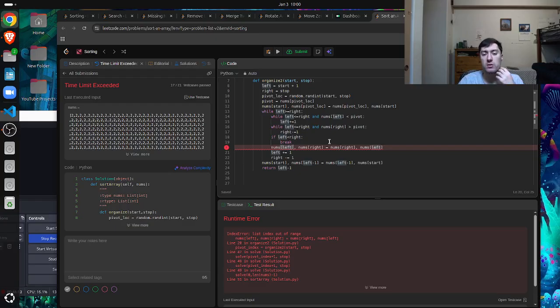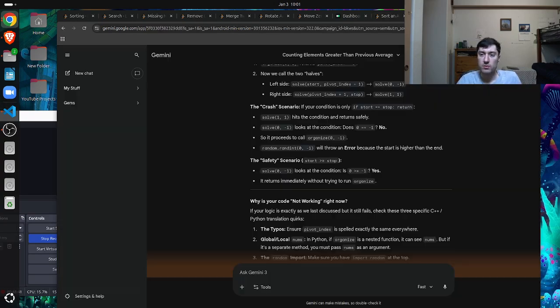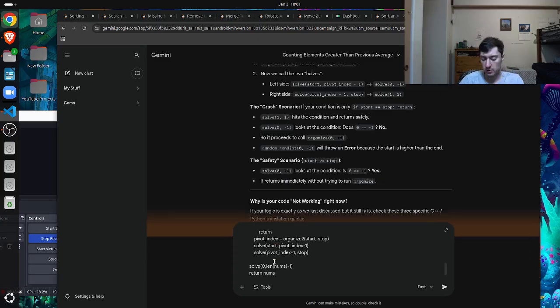But this is going to be for the spot where it is. So if they're equal to each other, if they're equal, then they're still in the bounds. That doesn't... Okay.